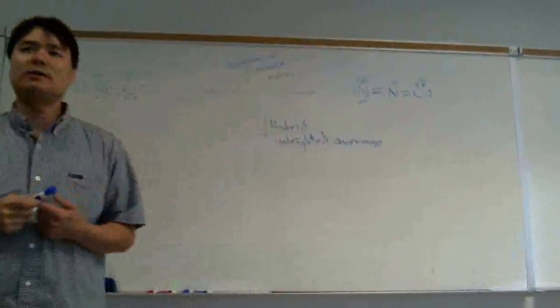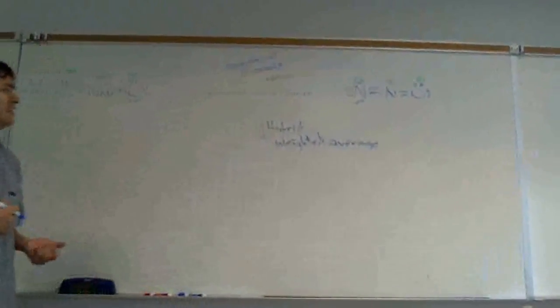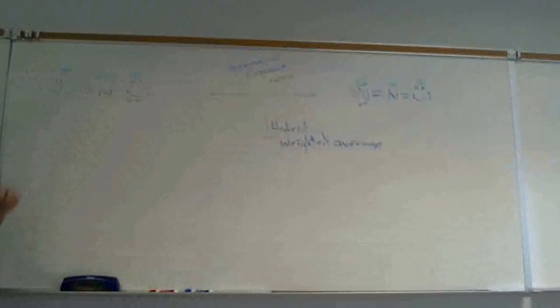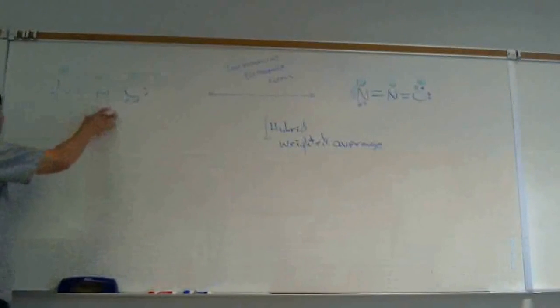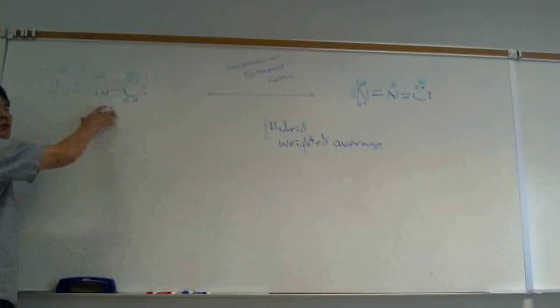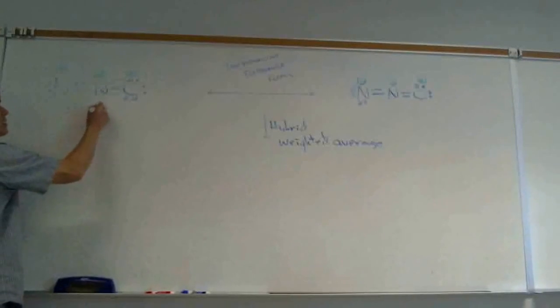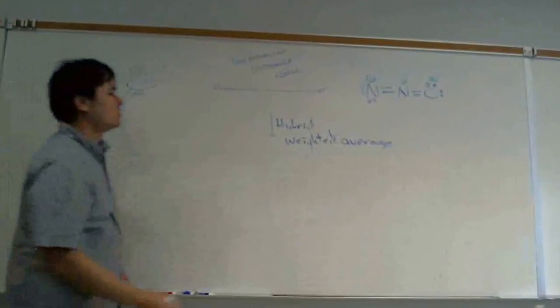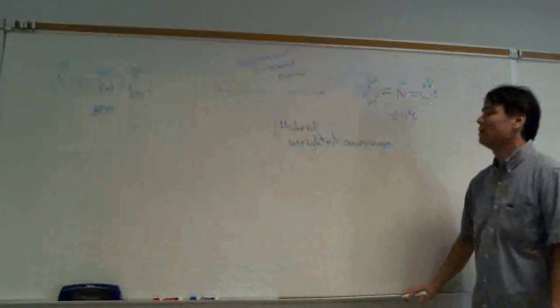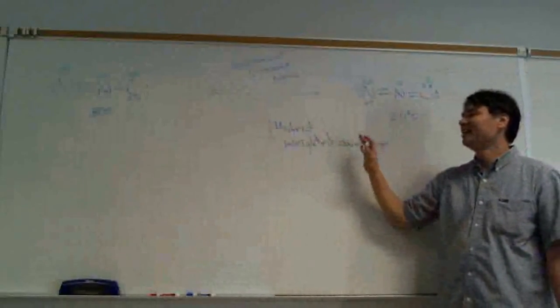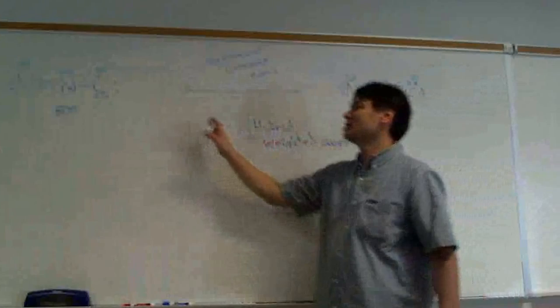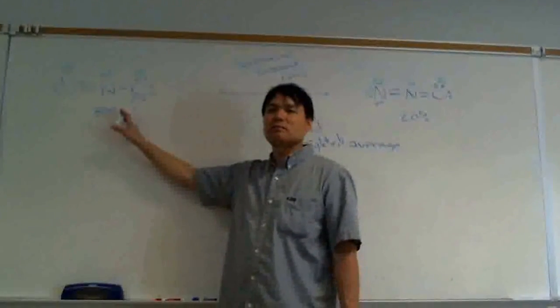Well, which one's more stable? The left one. And so let's say this one's 70% more stable. Actually, let me go with 80. Let's say this one's 80% more stable than this one. This is 20%. And so we're going to do a hybrid, but the hybrid is going to be biased towards the left structure.